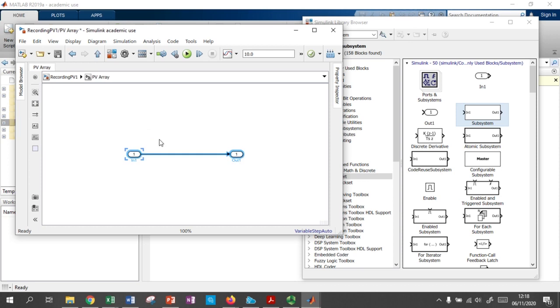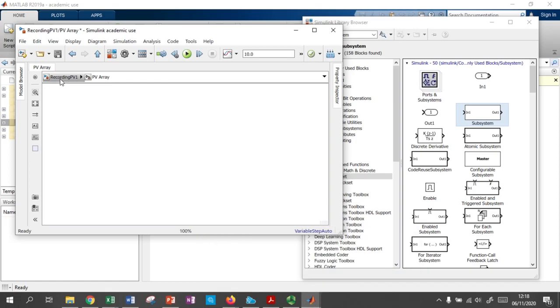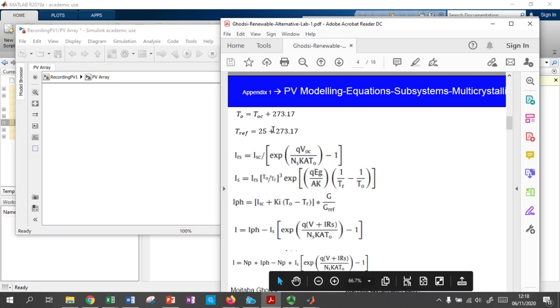But now I would like to solve the equations by these subsystems. Now we have in each PV array, as you can find here, a Simulink file, and this is a PV array. In the PV array we have some equations.